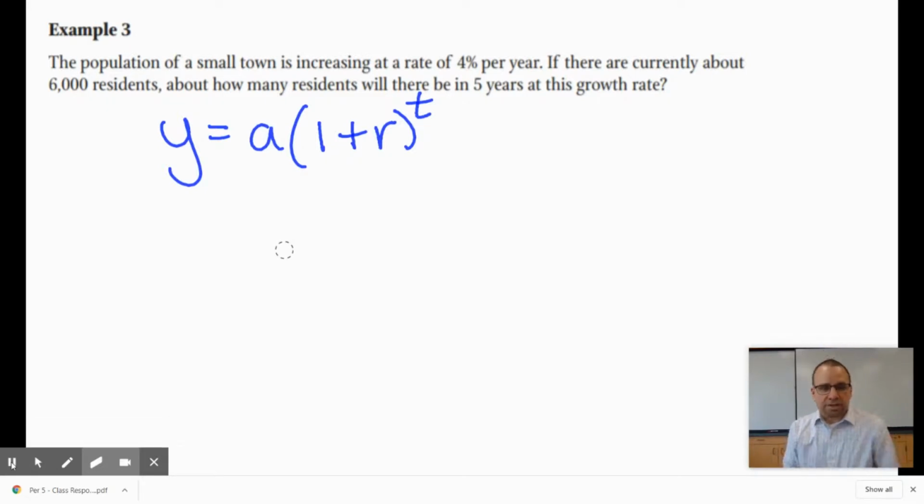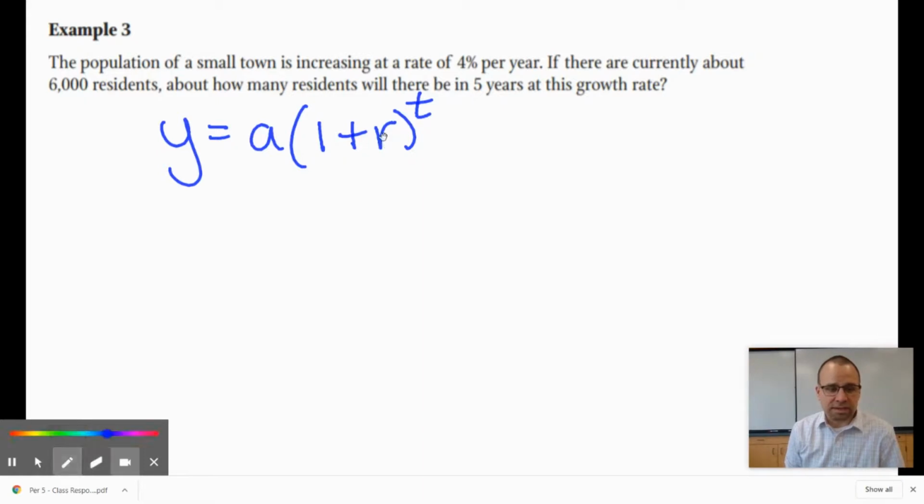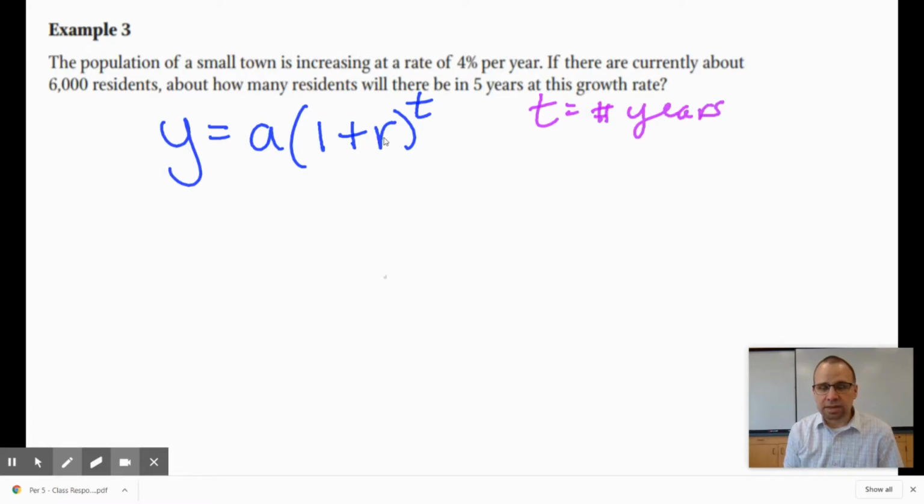For growth rate, you want to use y equals a times, instead of b, you want to have the 1 in there, because the 1 would mean no growth or decay, plus the percent rate would go in for R, and then you have T for either the number of months, or in this case, T is equal to the number of years. And it's good to define that before you get started.